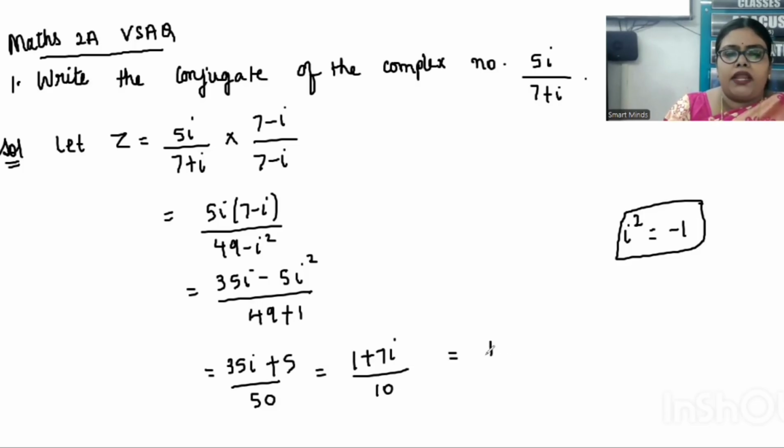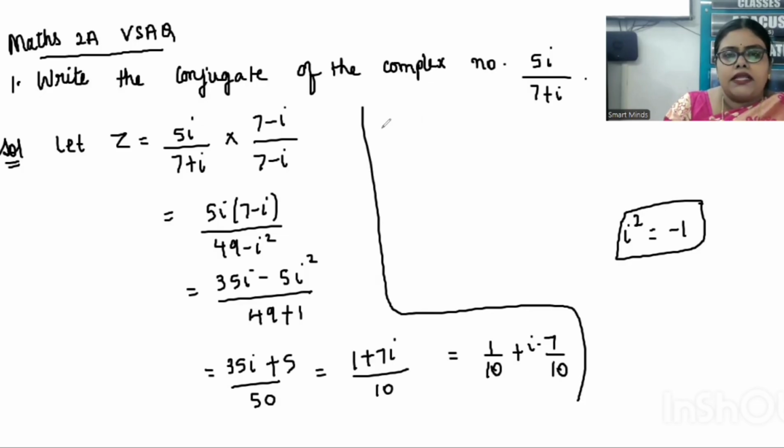You can even separate it: 1 by 10 plus i into 7 by 10. This is the complex number actually.